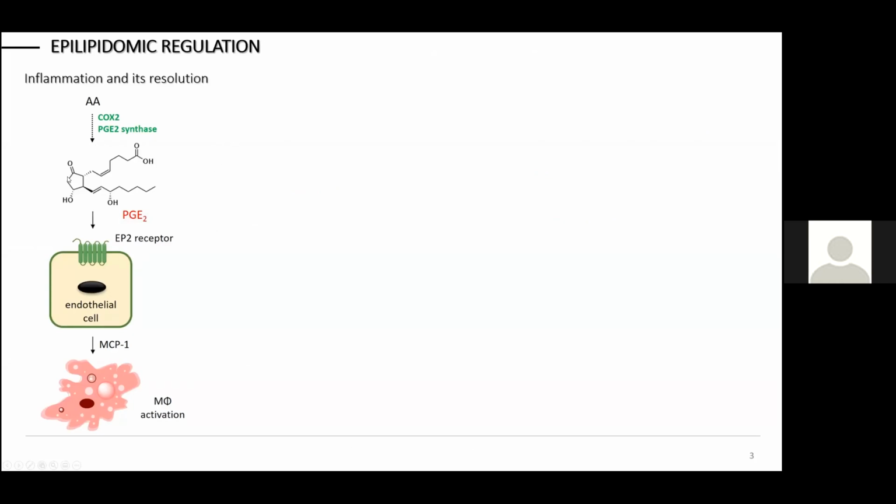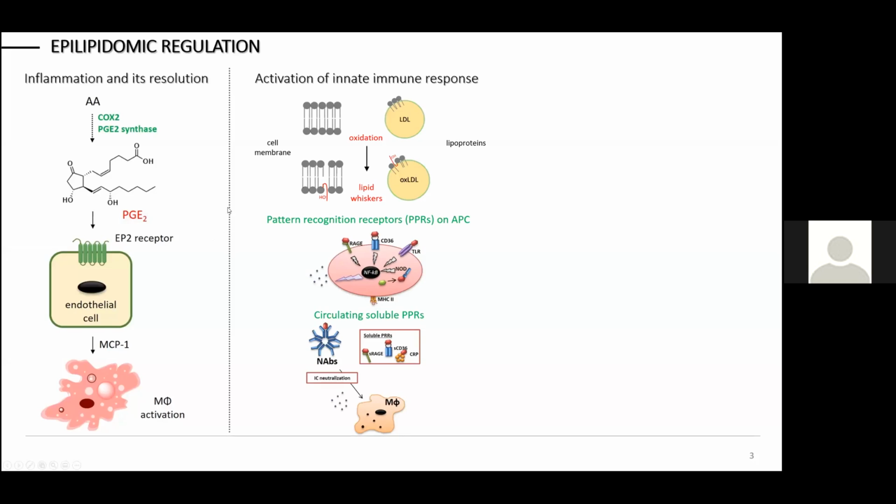We heard a lot about oxylipids and oxidized fatty acids, where a lot is established in this field, but complex oxidized lipids are also known to regulate many activities, especially in activation of innate immune responses, for instance, or formation of these lipid whiskers and activation of pattern recognition receptors.